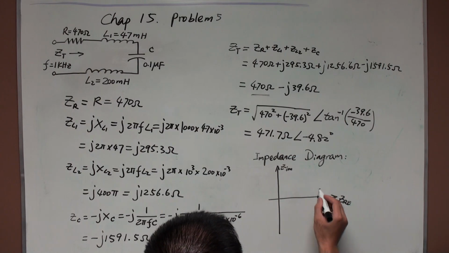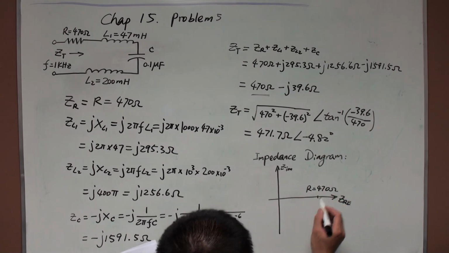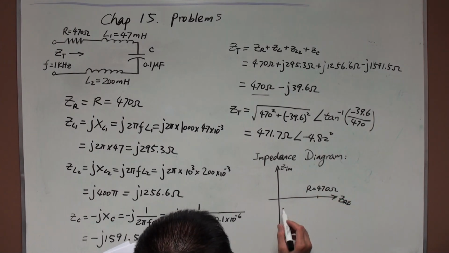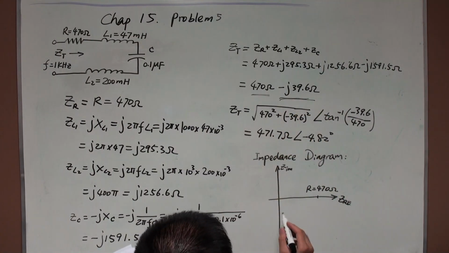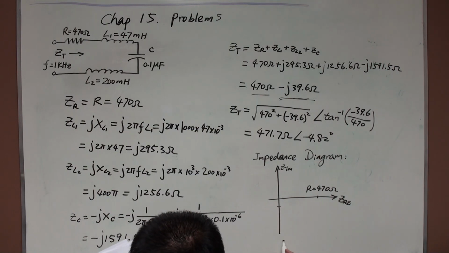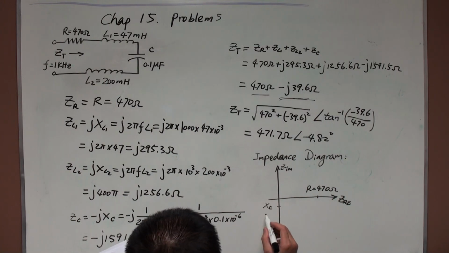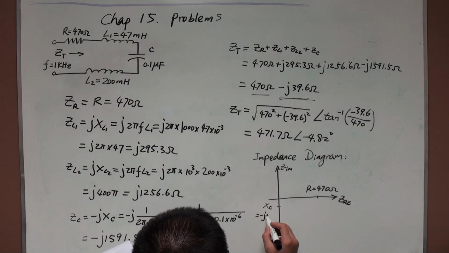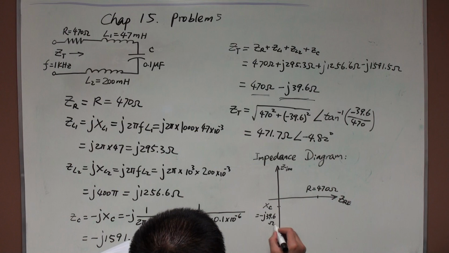So if we put 470 here, this R is equal to 470 ohms, and then you see the imaginary part is negative j39.6. Okay, so it's about here. It's XC, that's negative j39.6 ohms.